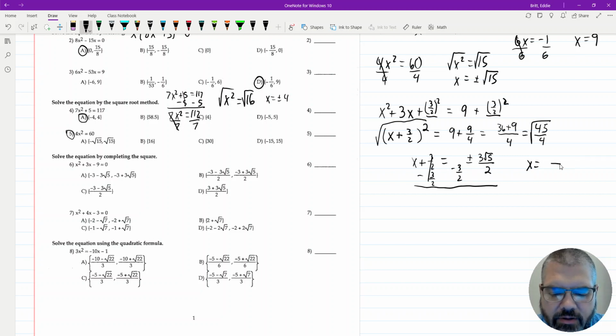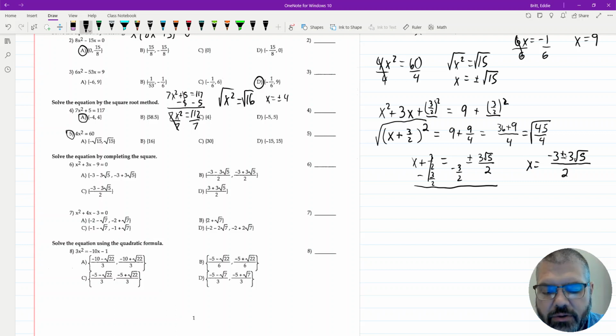So that means I can just make one fraction on the left side. It's going to be negative 3 plus or minus 3 square roots of 5. Now the place that I want to look to see if I can simplify is the denominator, the number in front of the plus or minus, and the number directly after the plus or minus. And I can't simplify between those three, so that's my answer.